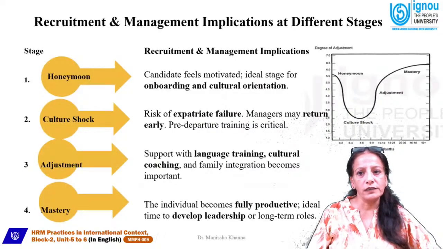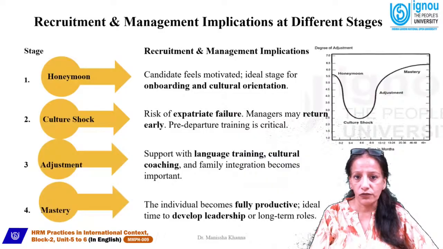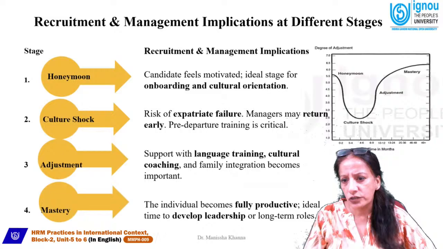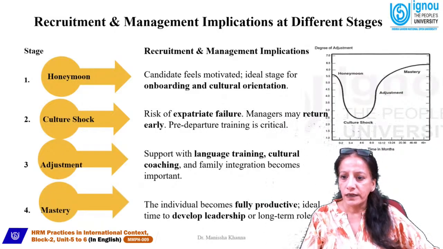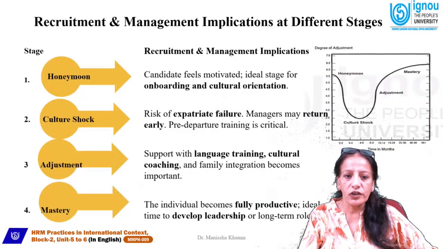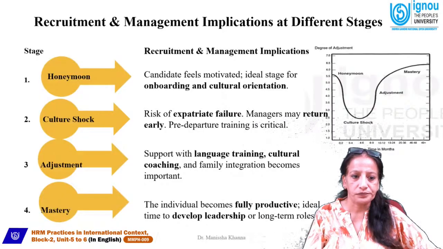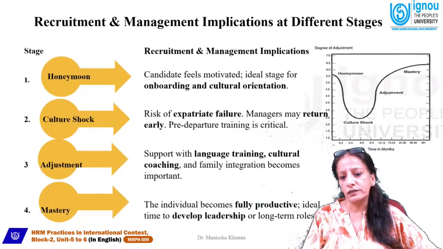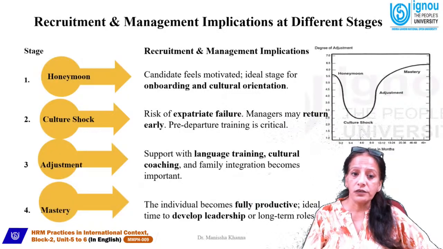So recruitment and management implications at the different stages are the four stages where the candidate feels motivated, and very initially, the degree of adjustment is very high and the time is very less. It is at a very initial stage, when they join the organization. Then cultural shock happens, when there is a risk of expatriate failure, when the managers may return early.